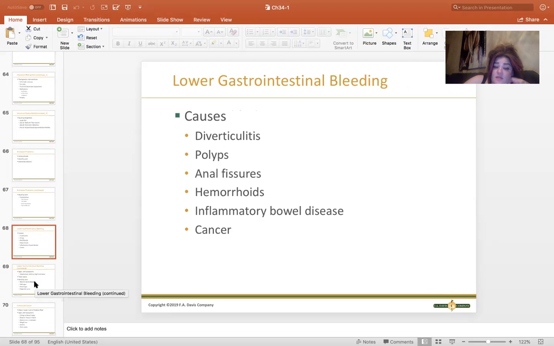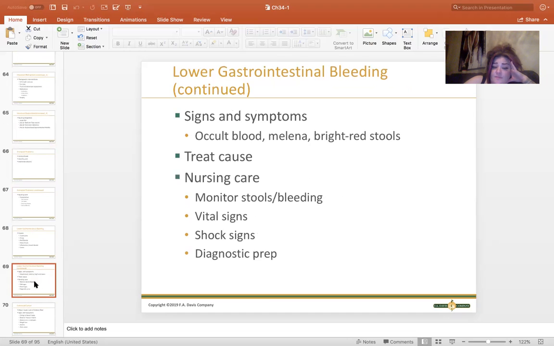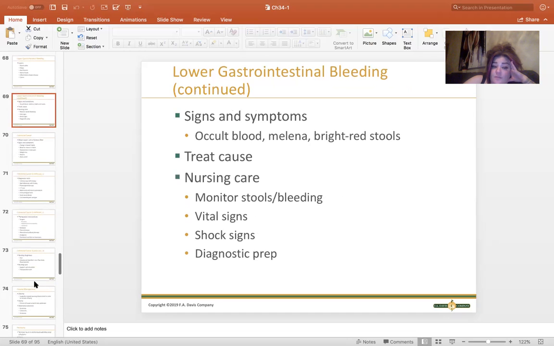There can be different things that can happen as far as cancers and polyps. If you haven't seen a picture of a polyp, I think there should be one in your book, but you can look it up. They can actually take out polyps when they're doing colonoscopies, and that's why we recommend at a certain age that people get colonoscopies so that we can help treat and watch and make sure that everything is going okay.